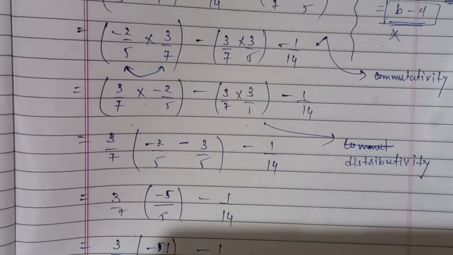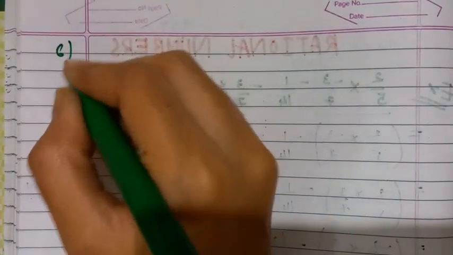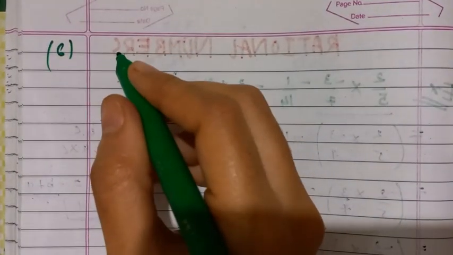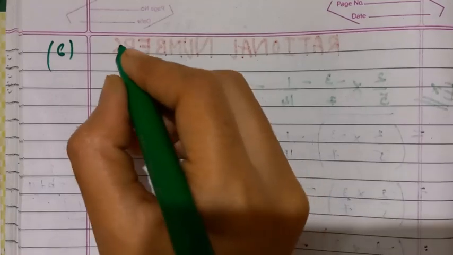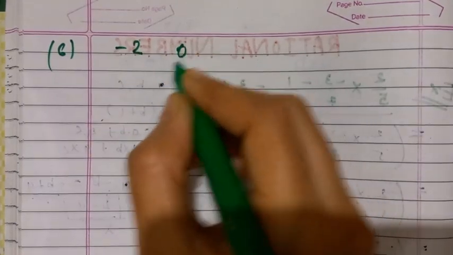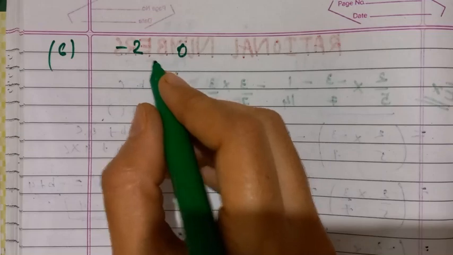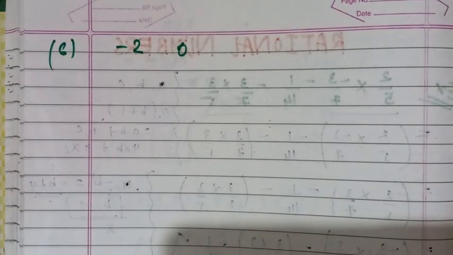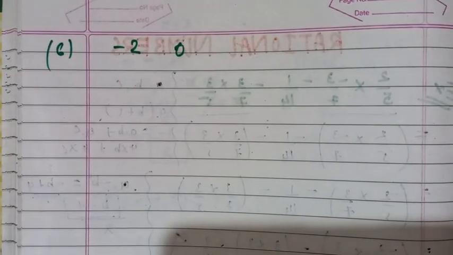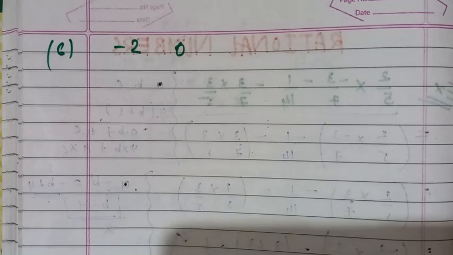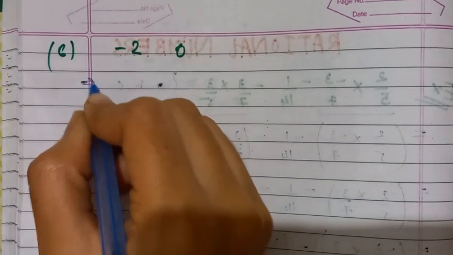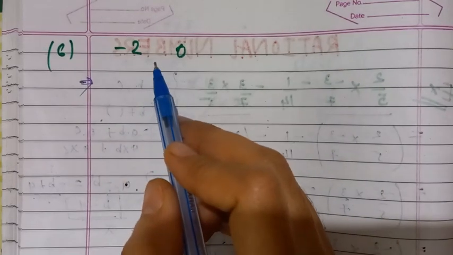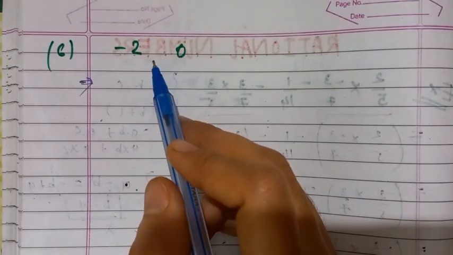Example 6. Write any three rational numbers between minus 2 and 0. We saw one process for making it easier, but we can also find rational numbers randomly.